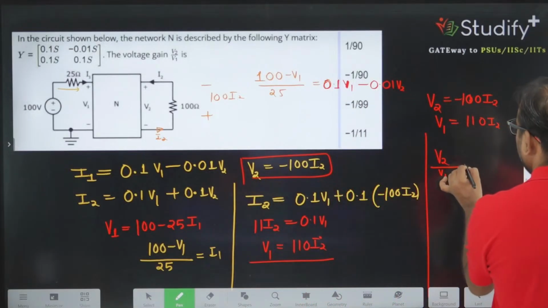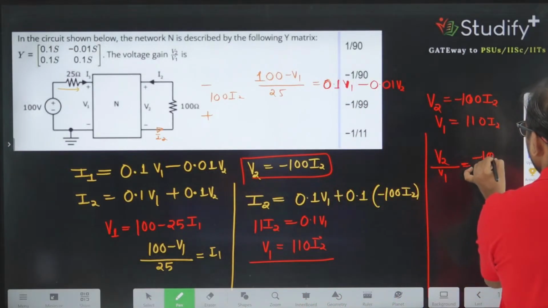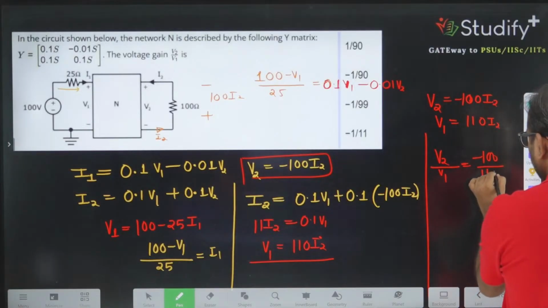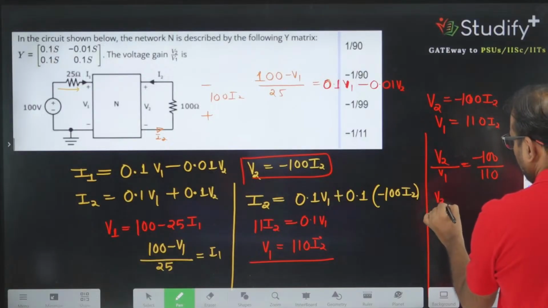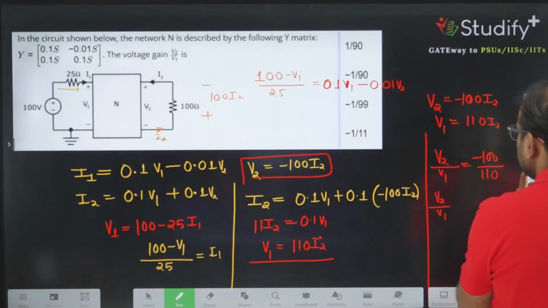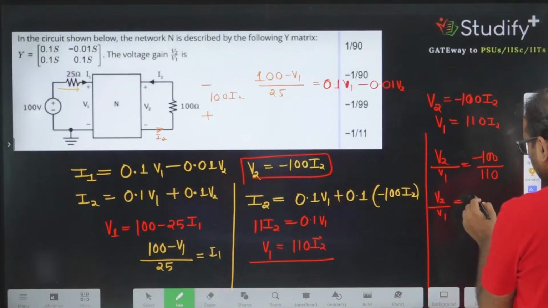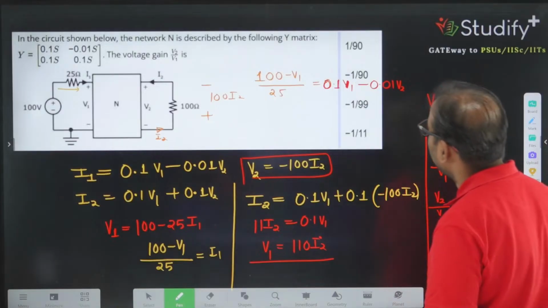So V2 divided by V1 is minus 100 divided by 110. So the V2 divided by V1 ratio is minus 10 divided by 11, minus 1 divided by 11.